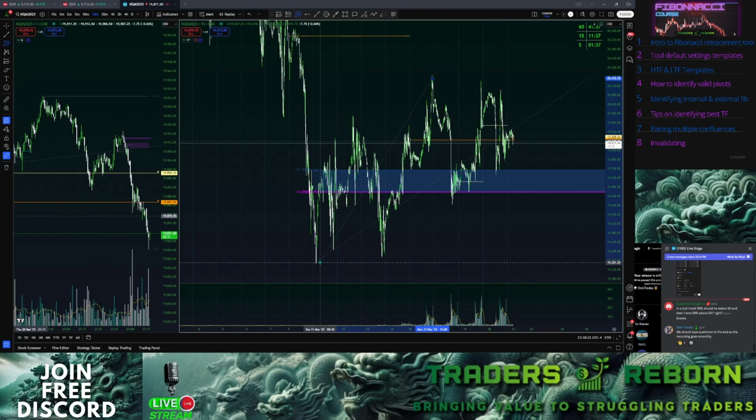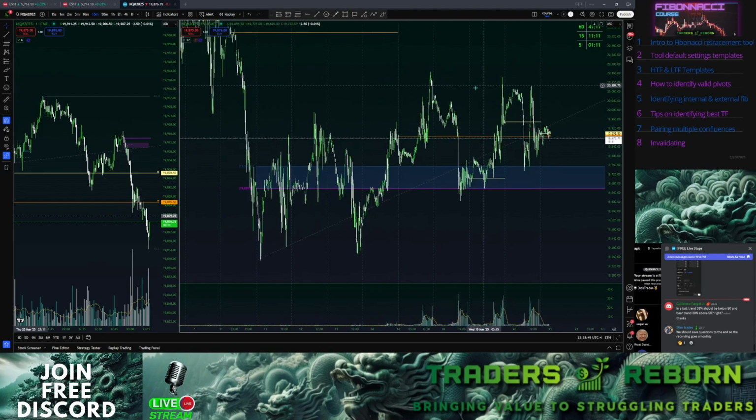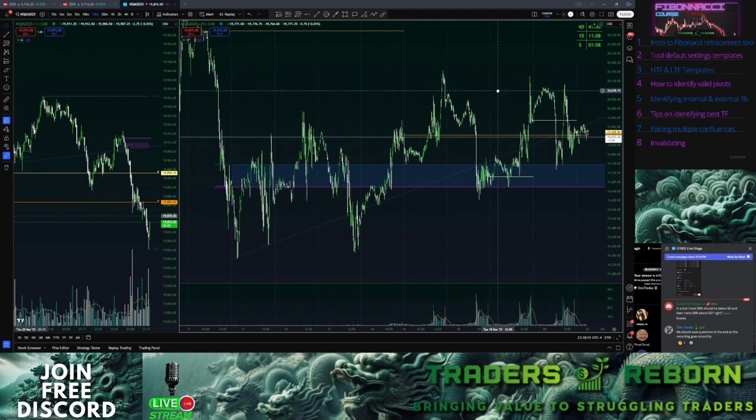But some platforms are actually backwards, so you would draw it from the bottom to the top. So you have to see where that 38% is and how to draw it depending on the platform. I think Think or Swim is backwards. I remember Think or Swim is the inverse direction.